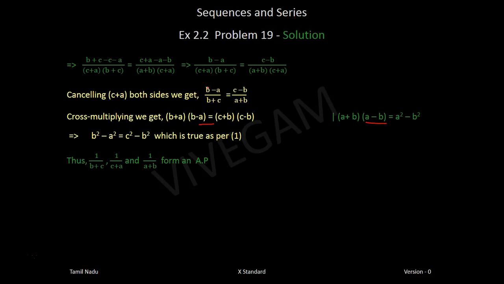So instead of writing it as a plus b, we are writing it as b plus a. So b plus a into b minus a, which is LHS, equal to c plus b into c minus b. This is in the form of a plus b into a minus b. So this becomes b square minus a square. And this again is in the form of a plus b into a minus b. So this becomes c square minus b square. What is this equation? Let's go back.